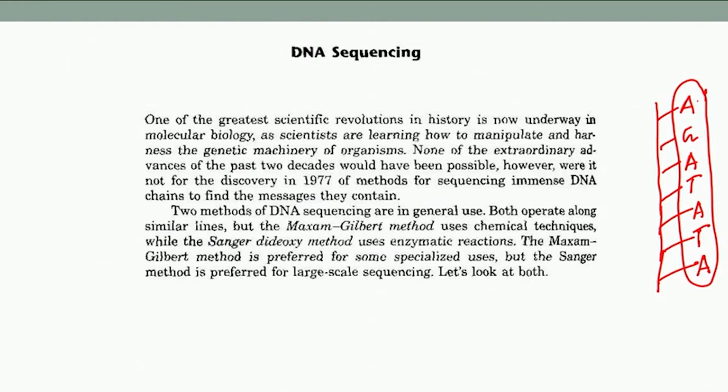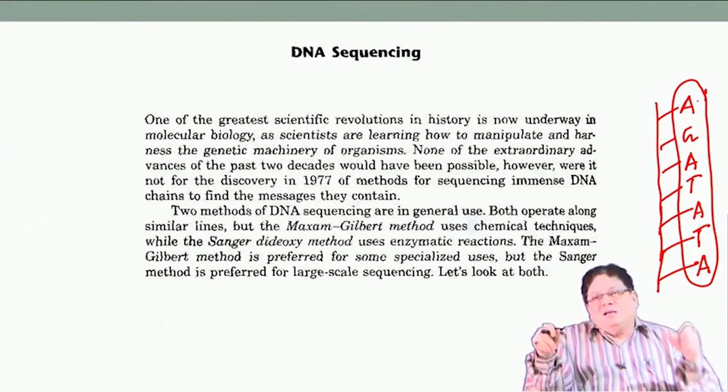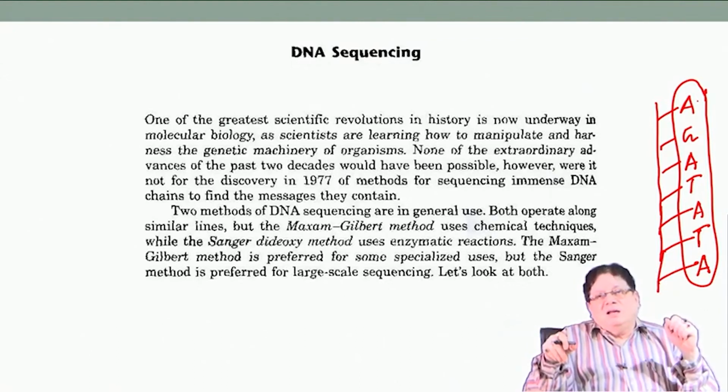That means, what is the sequence of bases, because other things remain the same. The sugar is the same all the time, deoxyribose in DNA, and the connecting bond is phosphodiester linkage. So, the difference between two sets of DNA is basically the sequence of bases that are there in the DNA.